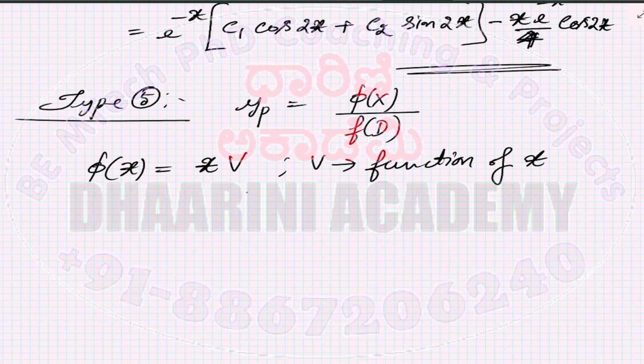So previously we had seen that e to the ax into v was type 4. Now this is type 5.